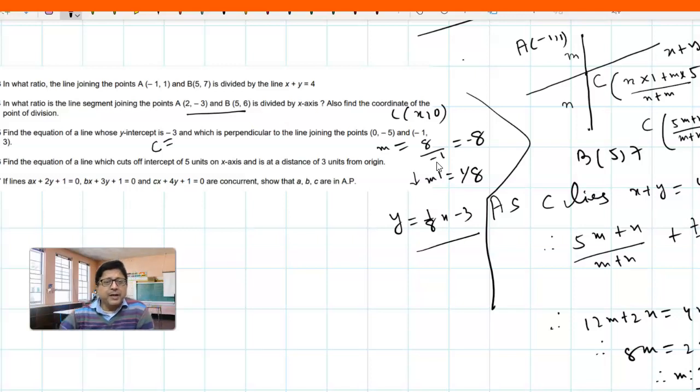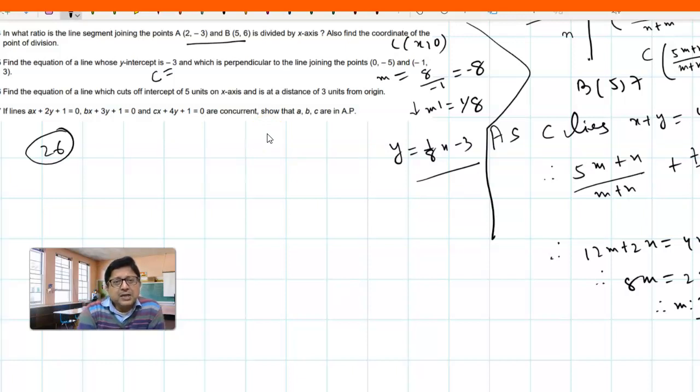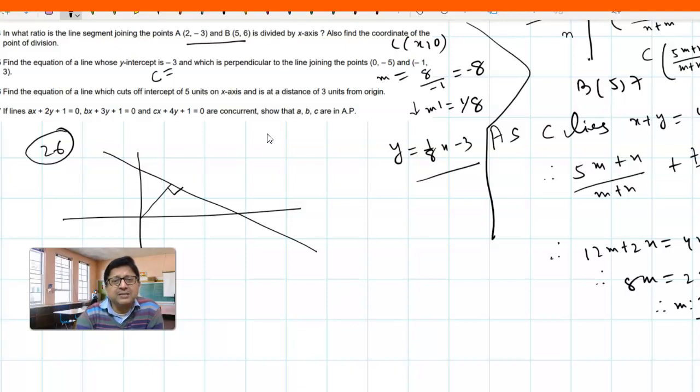Okay. Next, find the equation of the line which cuts off an intercept of 5 units on the x-axis and is at a distance of 3 units from the origin. This is not a difficult one. This cuts off intercept 5 units on the x-axis and this perpendicular distance is given as 3, and this point has coordinate 5, 0.